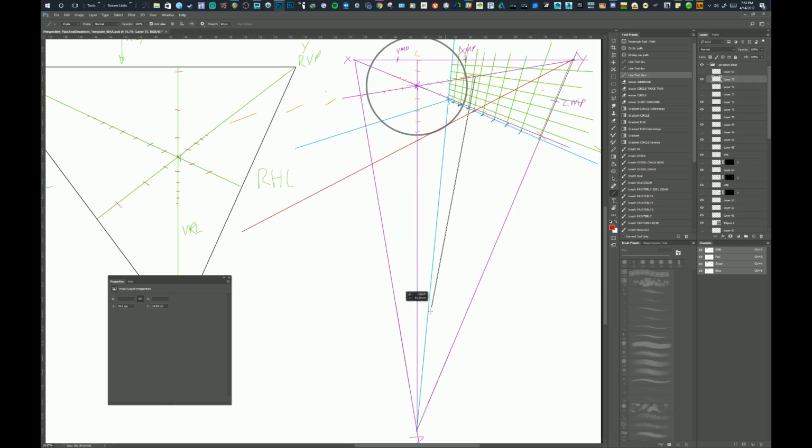From number 2, we'll move that down to z. 3, we'll move that down to z. 4, we'll move that down to z. 5, move that down to z. 6, down to z. 7 down to z. 8 down to z.